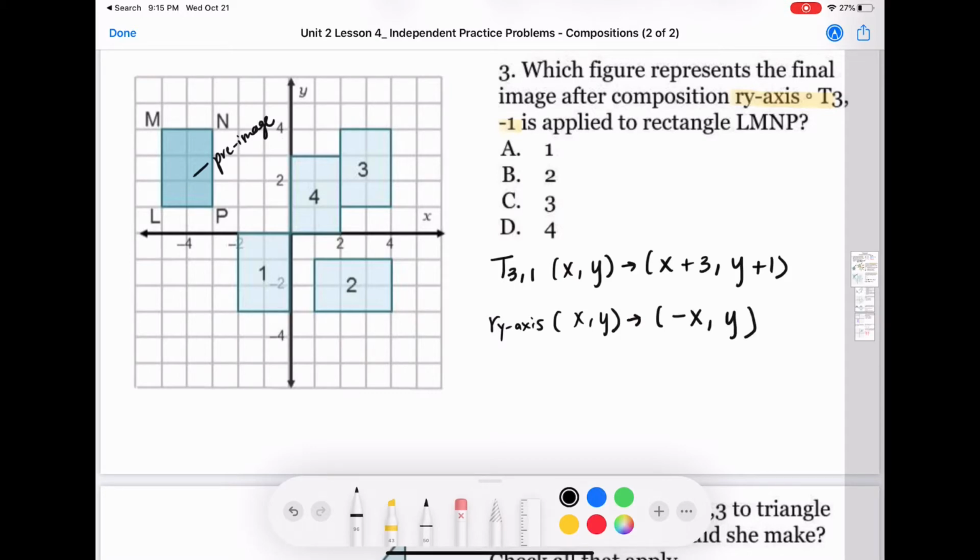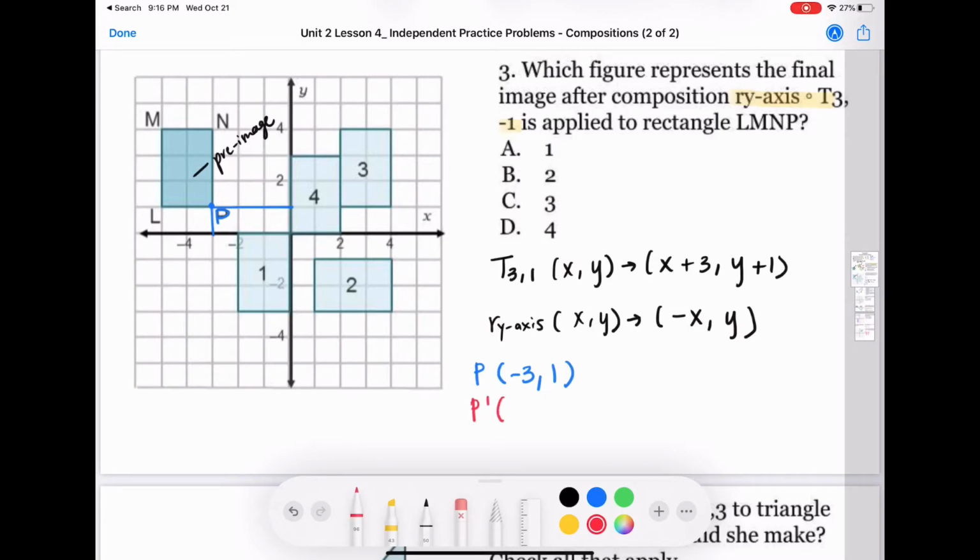So the first thing we want to do is identify a point on the pre-image. So let's do P. And here we have P located at what looks like -3 and 1. Well, let's complete the first transformation.